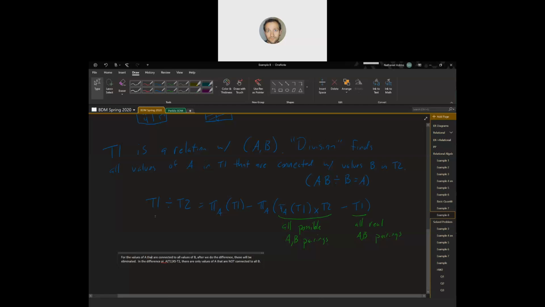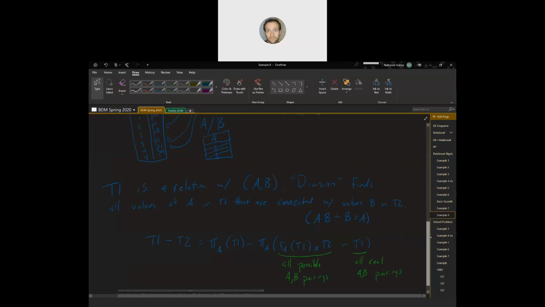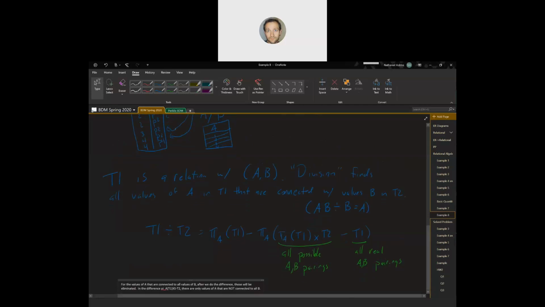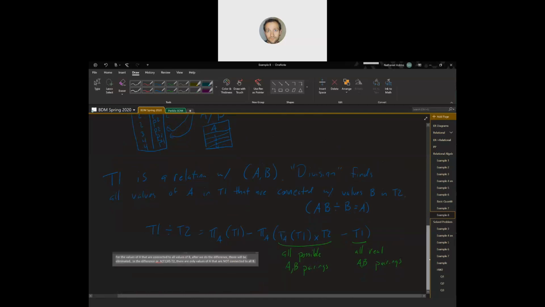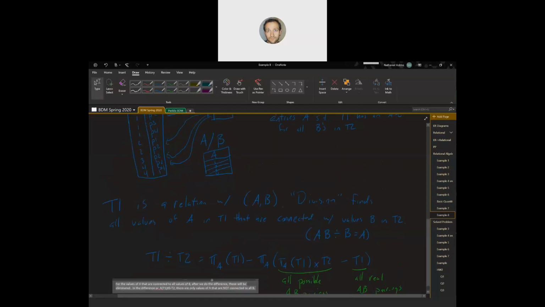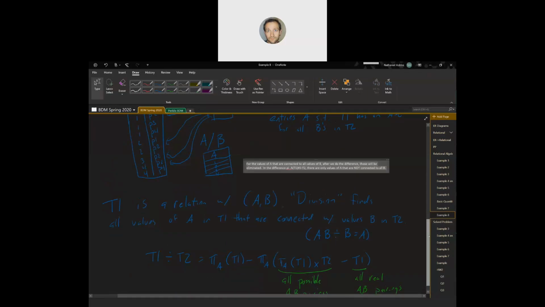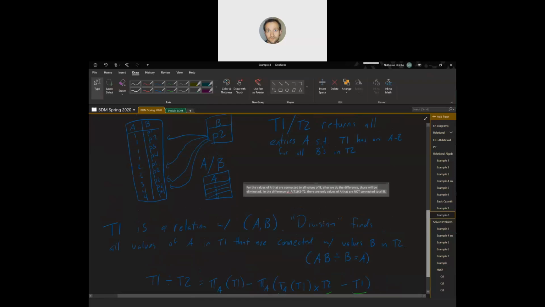So for all the values of A here that are connected to values B, let me try to move this up. Okay, so for every value of A that's connected to a value of B, you do this set difference.